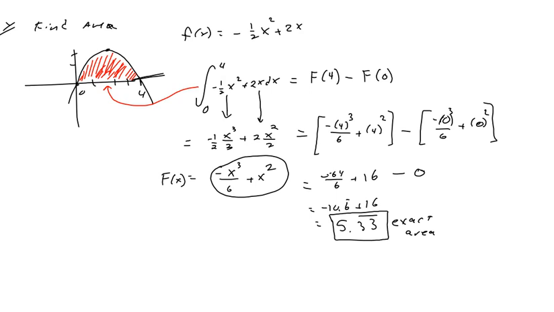So this gives us an exact way to find these answers. And this is why it is the fundamental theorem of calculus, because finding this area, finding the accumulation of the amount the graph has changed over time. Let's say this was a velocity graph.